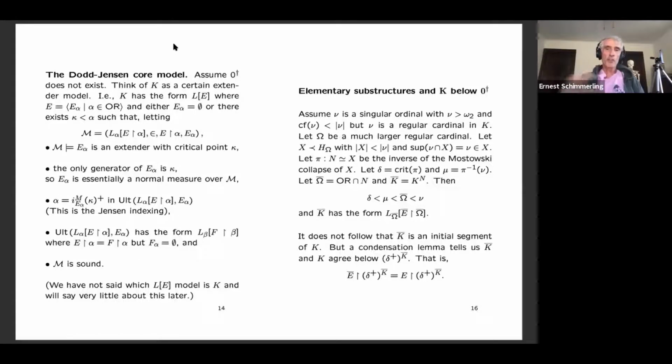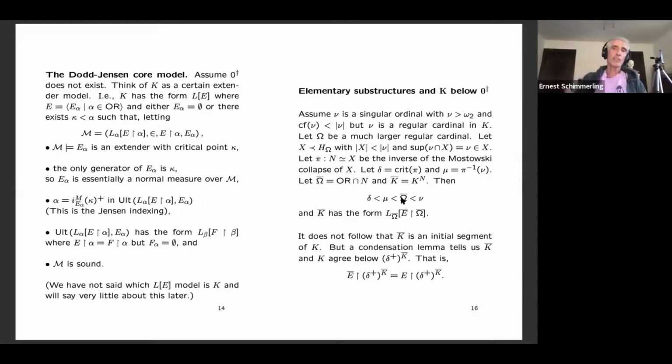So there's a little redundancy, right? I'm saying it's singular twice, but I'm saying more here. But K is wrong about nu, in the sense that K thinks nu is a regular cardinal. Take some large regular cardinal omega, take some elementary substructure x of h omega of cardinality less than that of nu. Assume that x is unbounded in nu and that nu belongs to x.